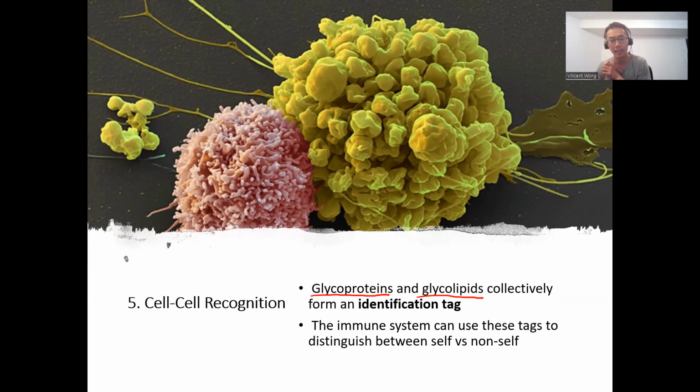Okay, that's why if people need to have an organ transplant, you cannot just randomly take the liver from one person and give it to another, right? Your immune system would recognize the foreign organ as having a different set of ID tags, and then it will attack it and you will reject the organ, right?